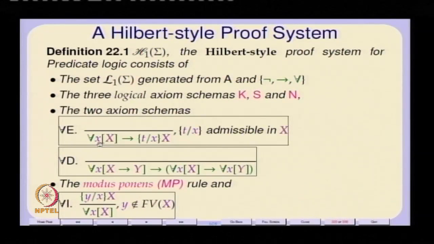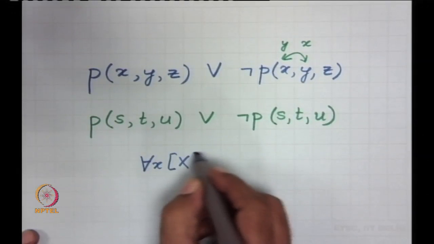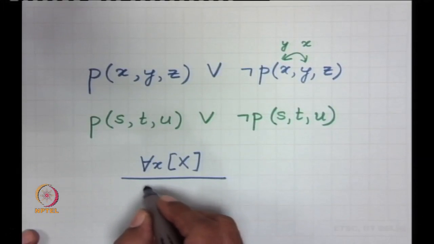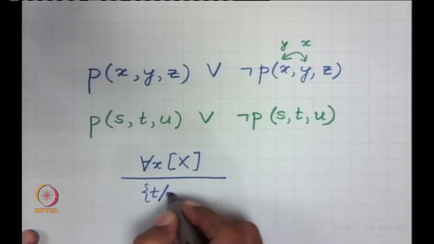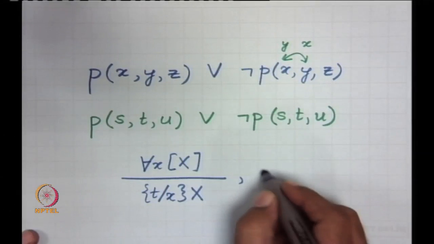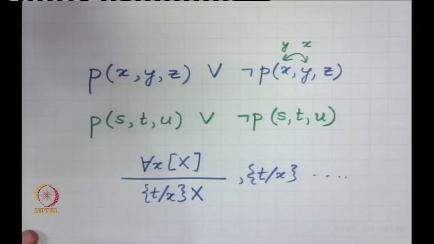It could equally well have been written as this, yeah, where T for X is admissible. It could have been written as a rule, and in fact in a Gentzen natural deduction system it would be written this way.